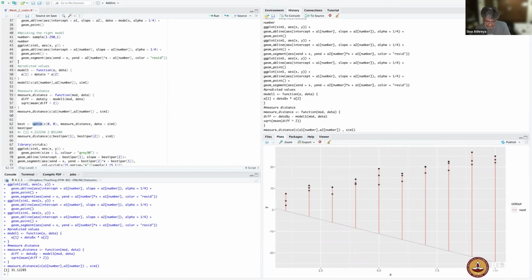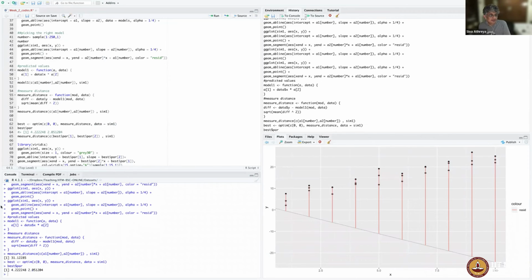It starts from 0, 0, takes the distance function, and minimizes over the first coordinate, which holds the intercept and slope. That's what it's going to find. It's a two-parameter problem to solve, and the data set is sim1, which we have as a data frame. If you run it, it tells you the best intercept is 2.2248 and the best slope is 2.01.